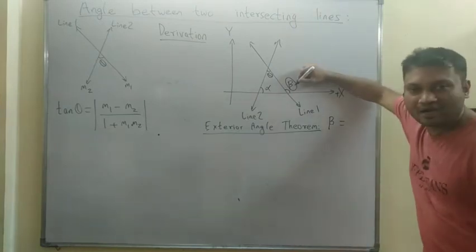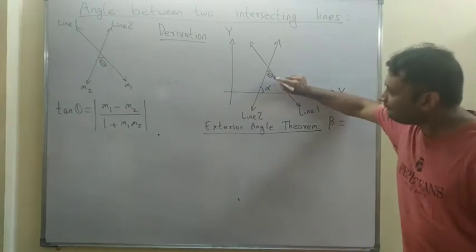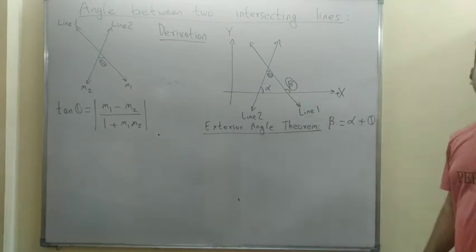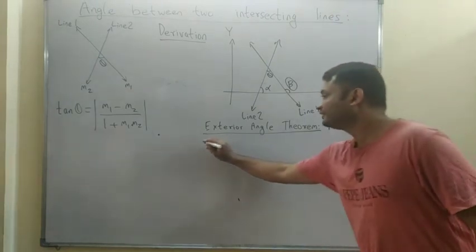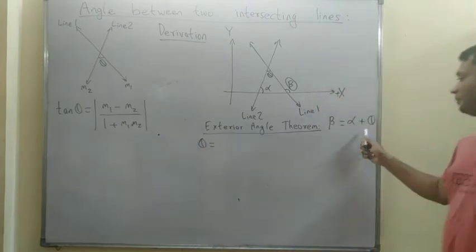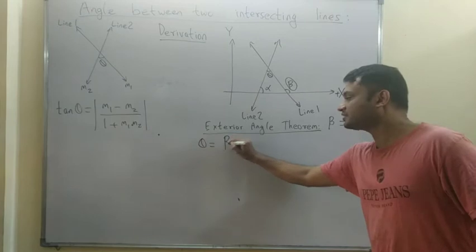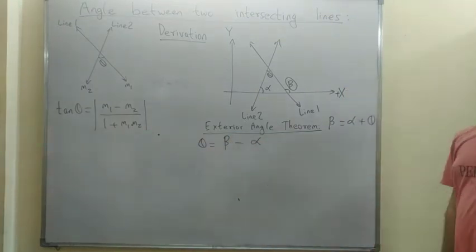So exterior angle beta will be alpha plus theta. From this we get theta, which comes out to be beta minus alpha.